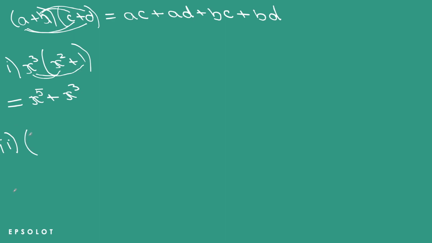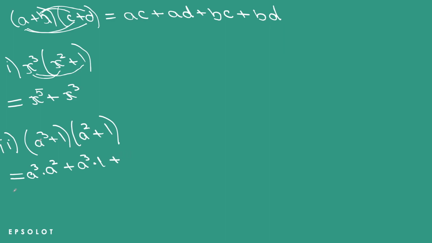Now let's take an additional example, one that looks more like that earlier one. Let's say you have a cubed plus 1 times a squared plus 1, right? Then what you need to do is a cubed times a squared, plus a cubed times 1.